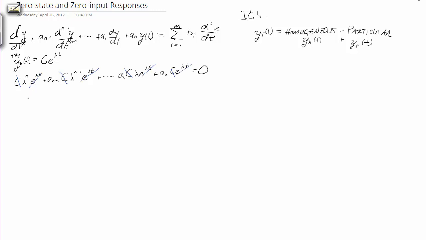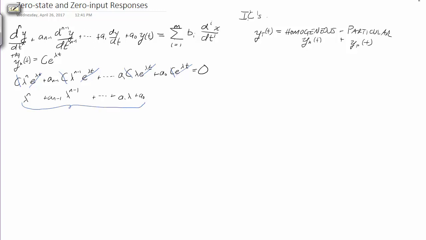So what's left is what we call the characteristic polynomial. We have lambda to the n remaining here, the coefficient a_(n-1) times lambda to the n minus 1, plus all the terms in the middle, plus a_1 lambda plus a_0. As I mentioned, this by itself is peculiar to the system.